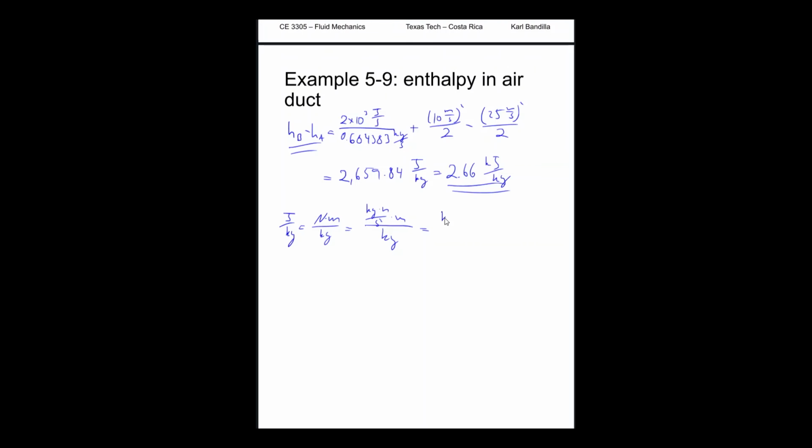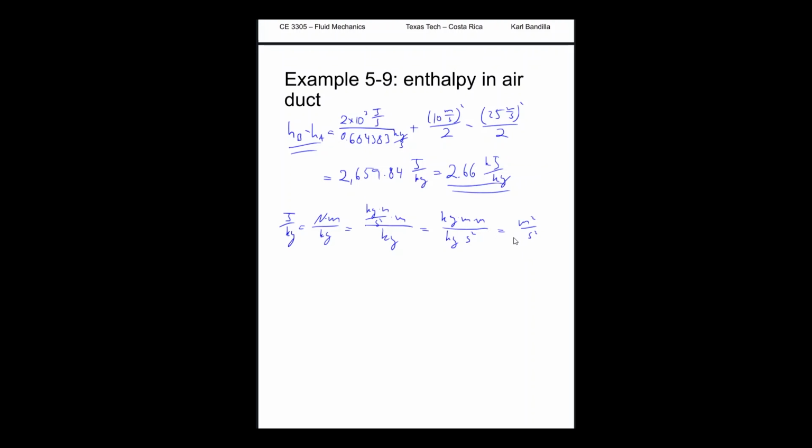So if we write that more simply, we get kilogram, meter, and then kilogram second squared. Kilograms cancel out. We get meters squared per second squared, right?